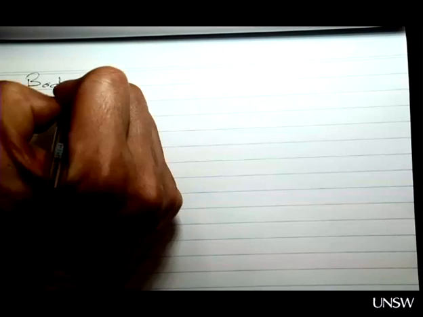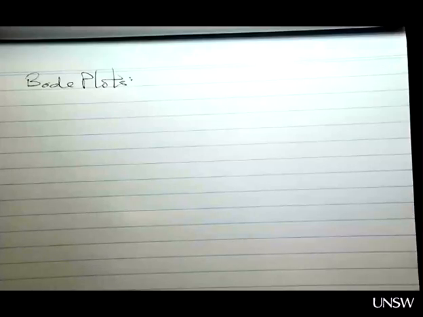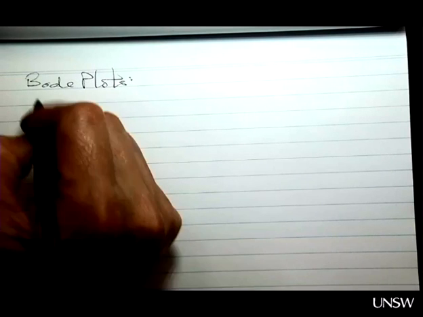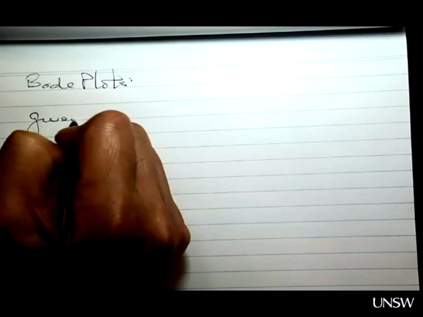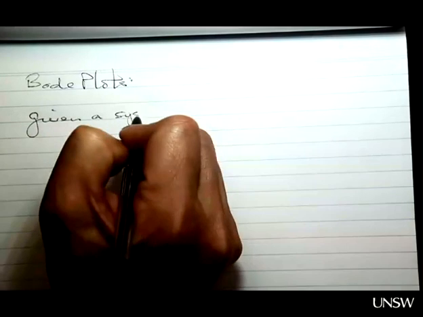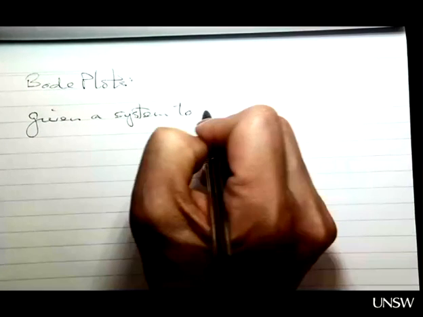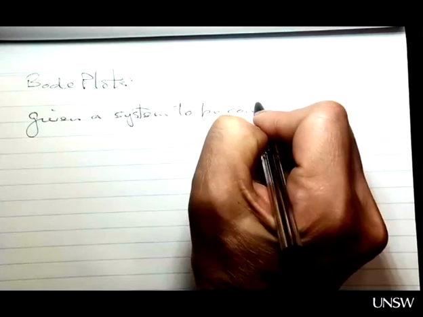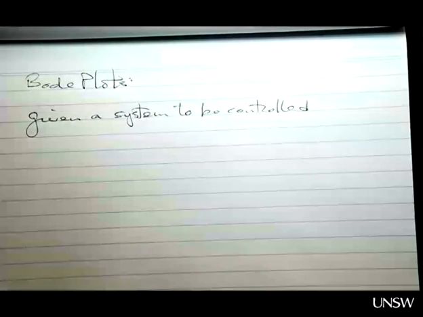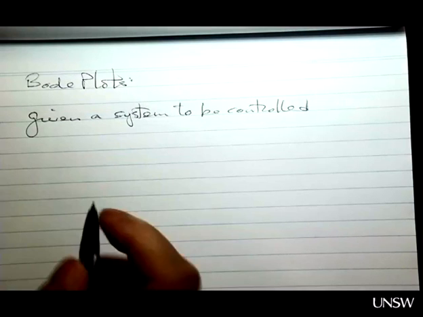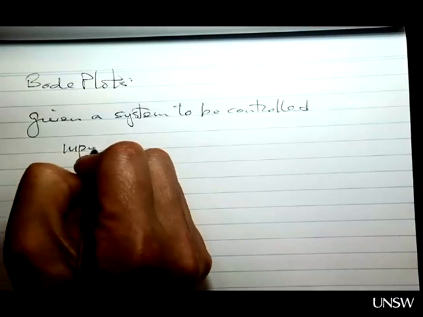Okay, let us continue on the Bode plots. So if we are given a system to be controlled, and in particular, the input is a sine wave.